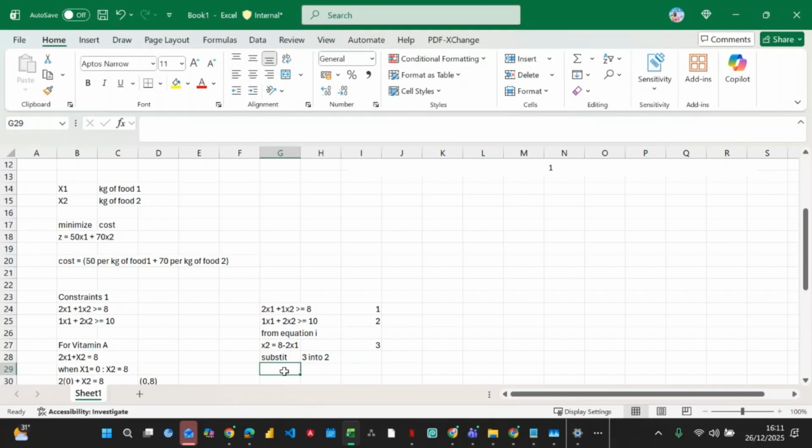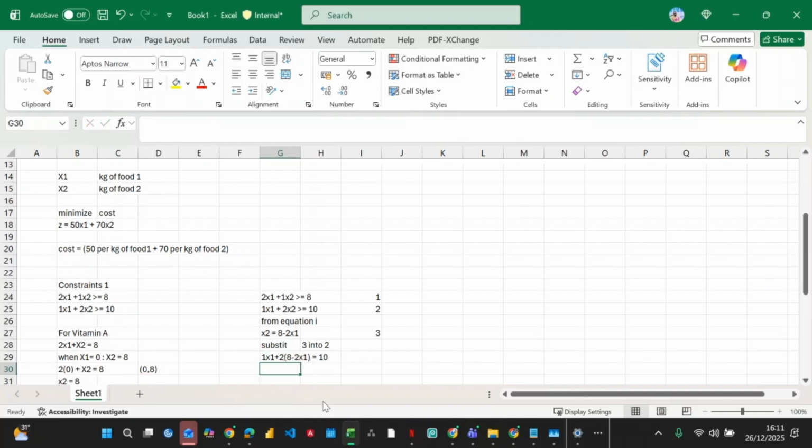Then what we now have is equation two: x1 plus 2x2. Understand? So instead of x2 now, we already have 8 minus 2x1. You understand? Substitution now. By the time we do this, we now have it equals to 10.